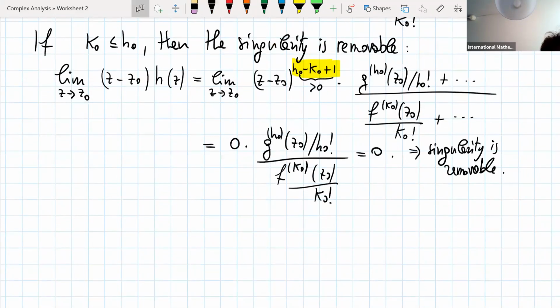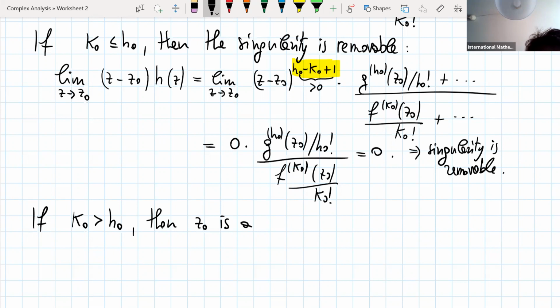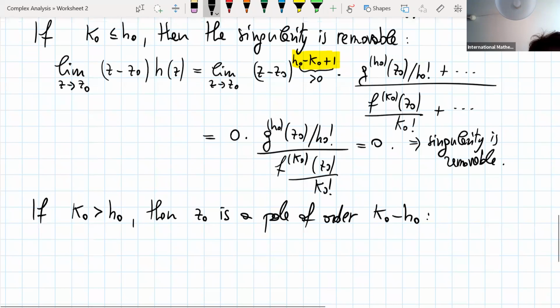Instead, in the other case, so if k0 is bigger than h0, then z0 is a pole of order k0 minus h0. Why is that so?